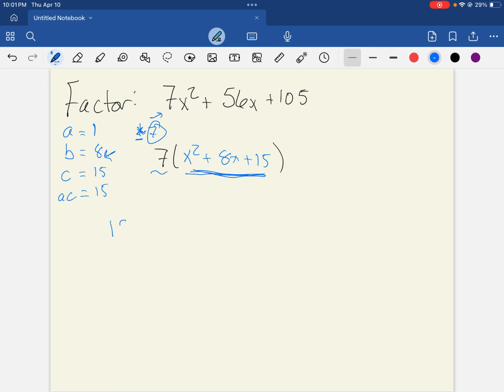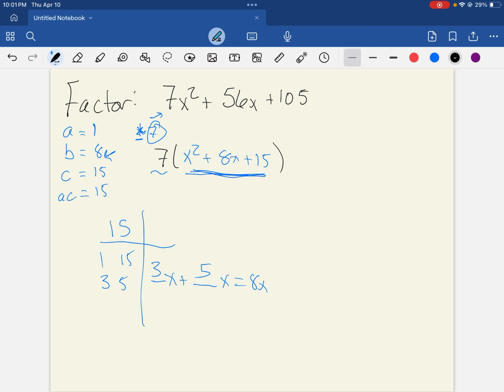Now I'm looking for factors of 15, and I want to find the pair that when you add them together gives us 8x. That's 3 and 5.